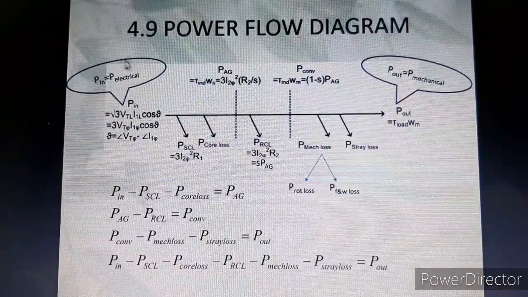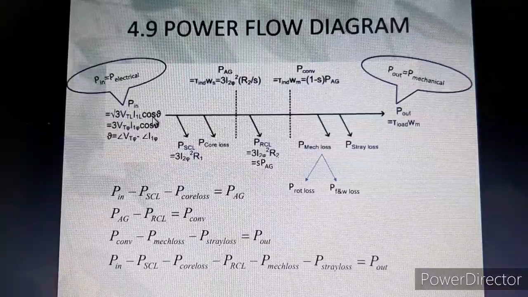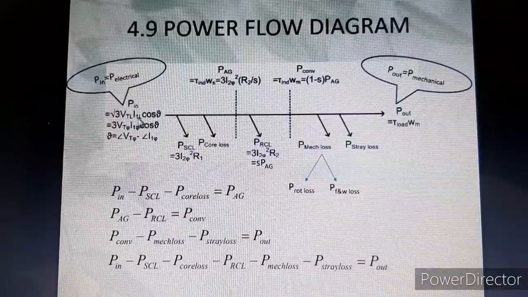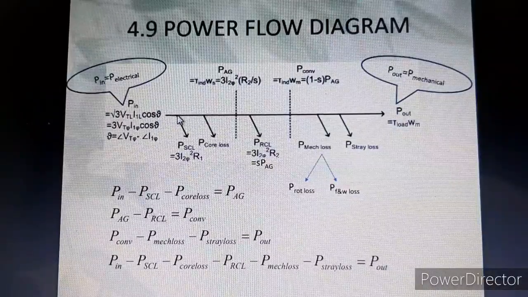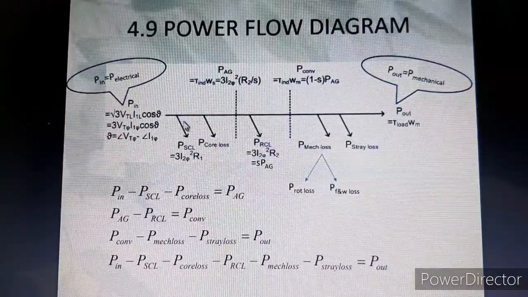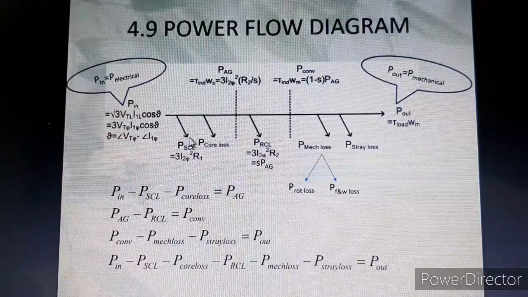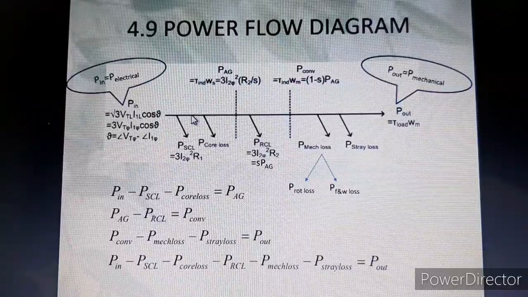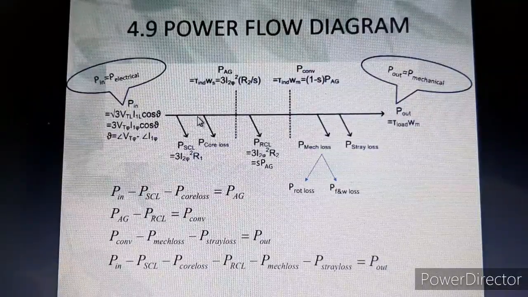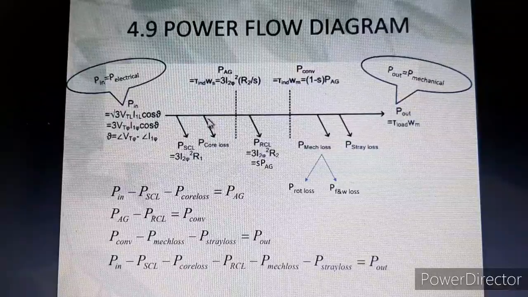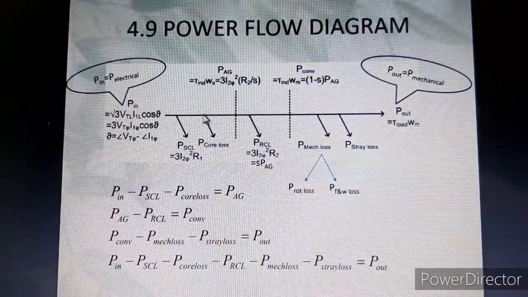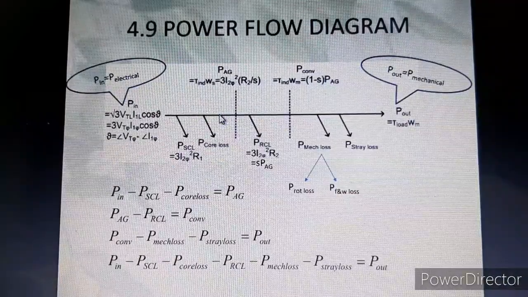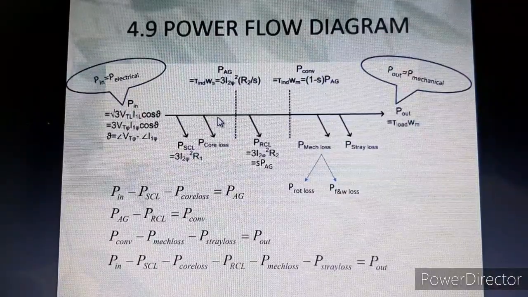Your input is 100 watt. At the stator copper loss, 2 watt is lost, so it becomes 98. Moving forward, you have core loss, so another 2 watt is lost and it becomes 96.